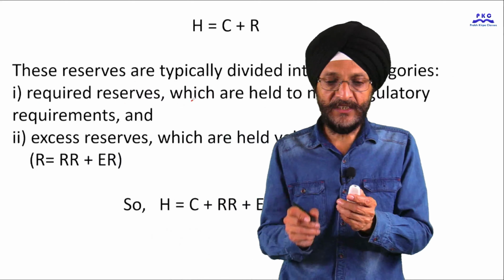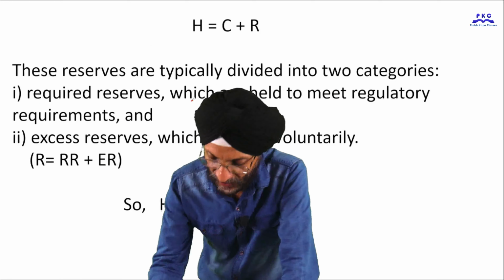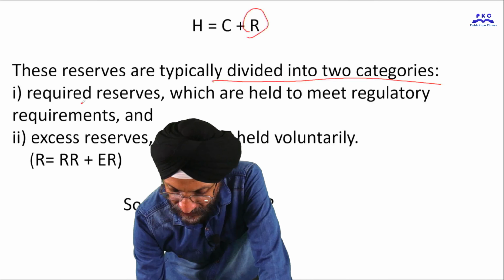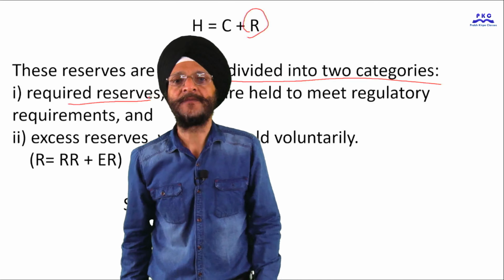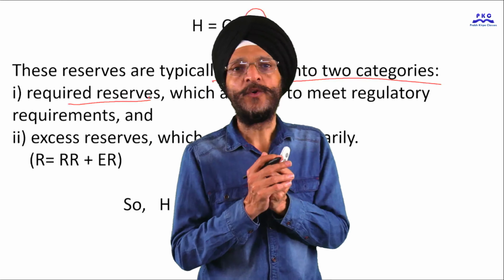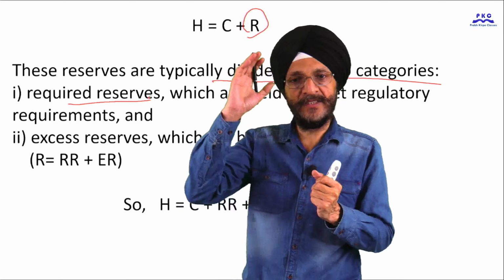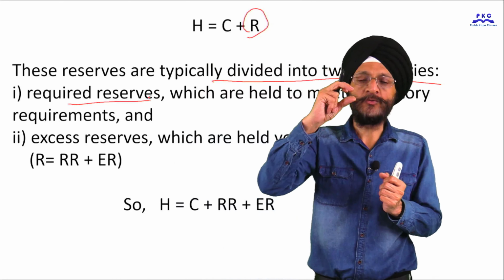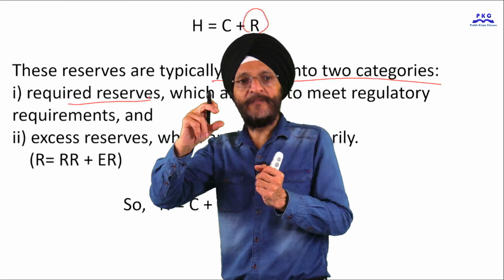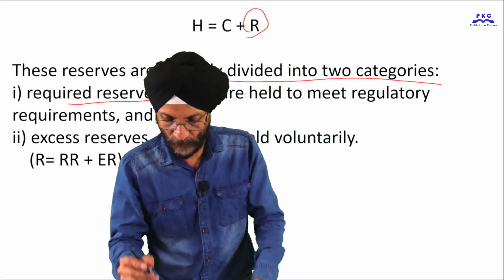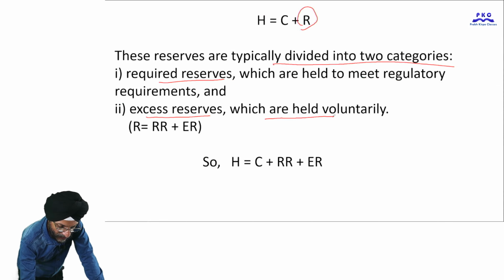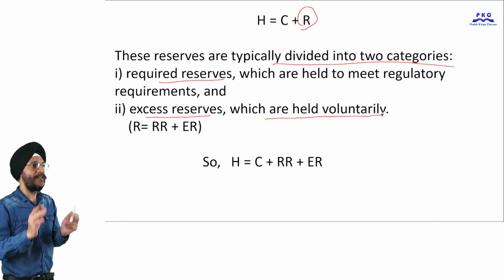Here reserves are typically divided into two categories. First is required reserves, which are held to meet regulatory requirements. The central bank of the country decides that a particular portion of the deposits have to be kept as reserves. These are required reserves. And the second is excess reserves, which are held voluntarily by the commercial banks.